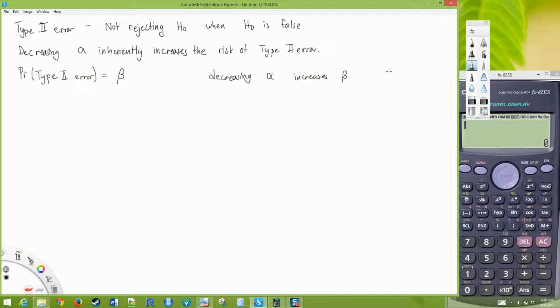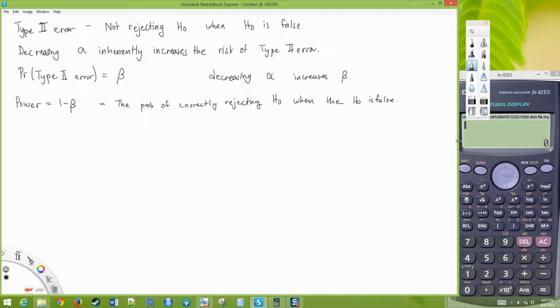The complement to a type 2 error, we give a special name: power. Power is equal to 1 minus beta, which is the probability of correctly rejecting the null when the null is false.